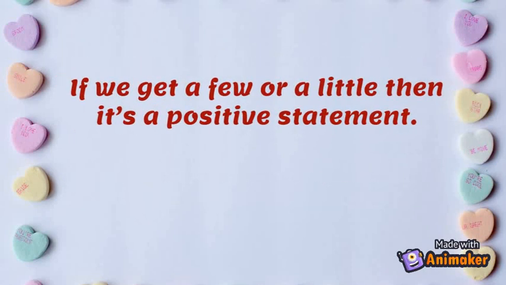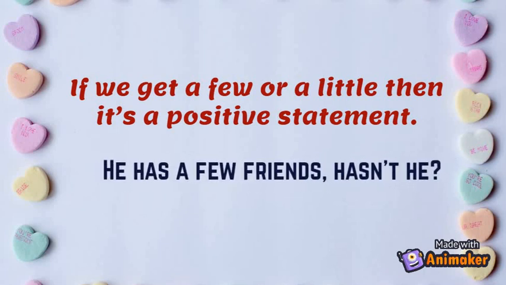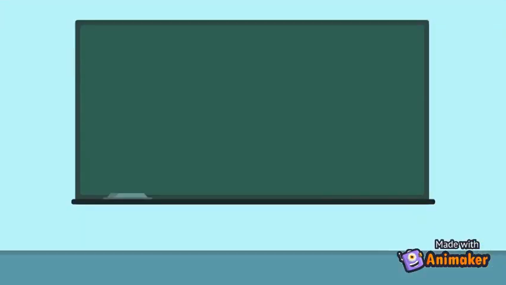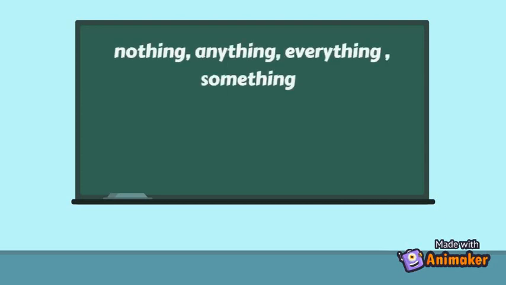But some people might be confused with a few and a little. Well, these are positive statements. He has a few friends, hasn't he? Later we have nothing, anything, everything, or something as the subject.